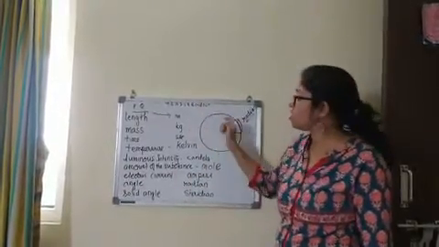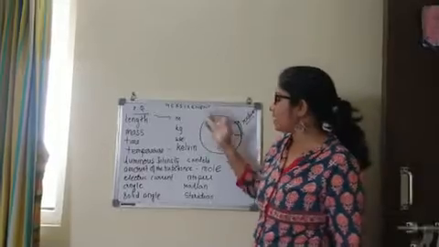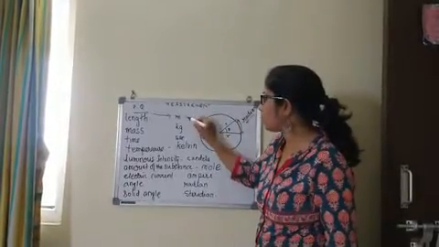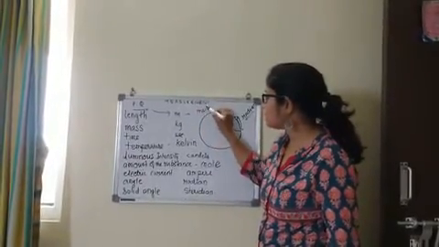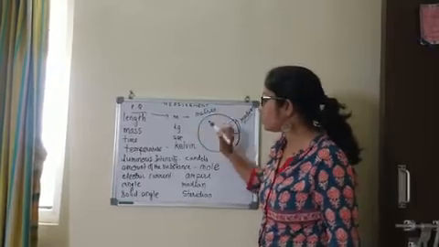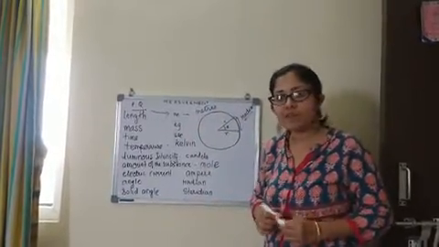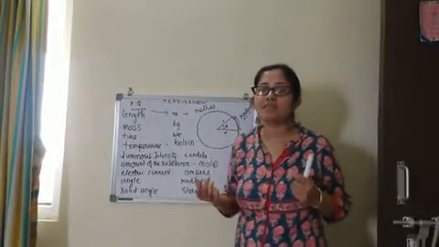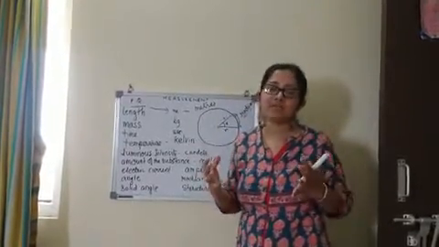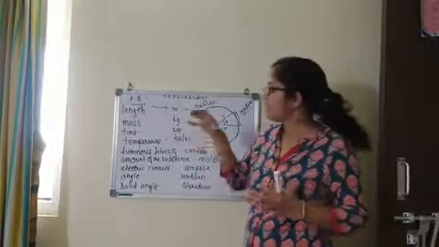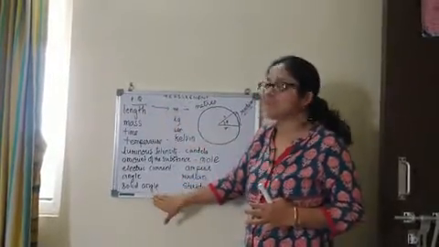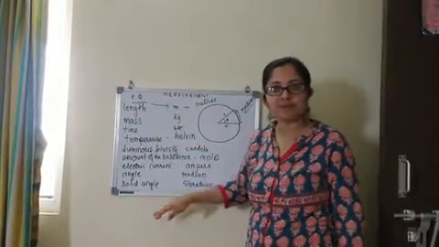You also need to know the full forms, for example meters, kilograms. So all this also you need to learn a bit. And what else we said, that every other physical quantity is derived from these 7 basic quantities.